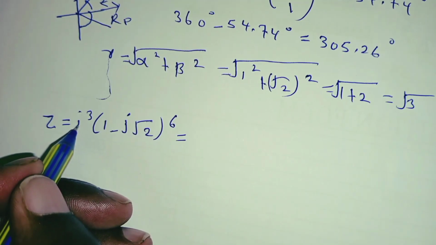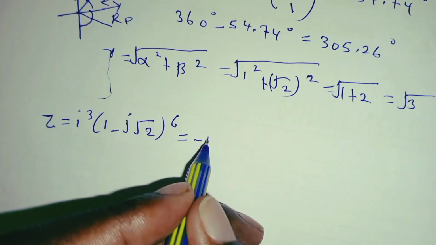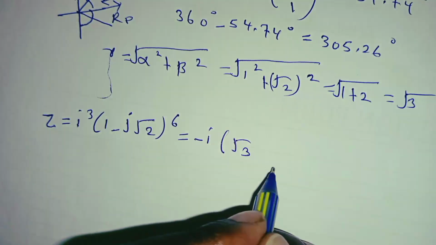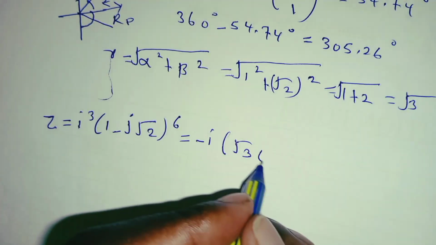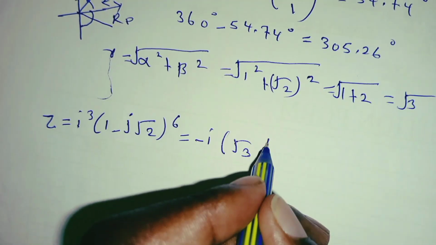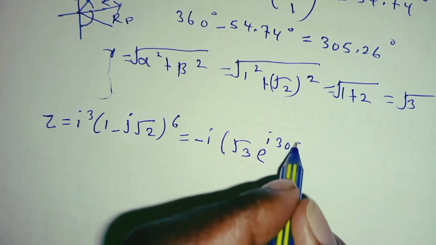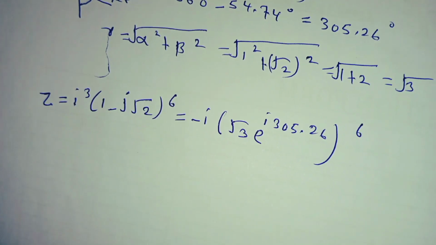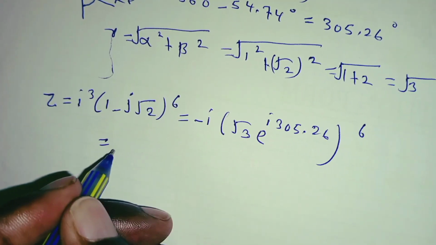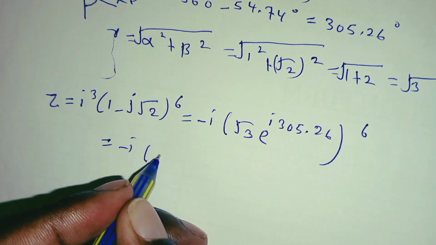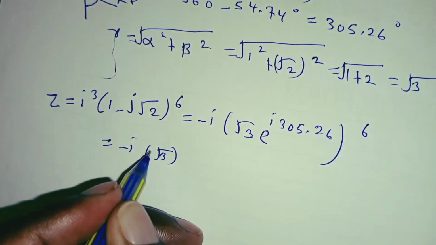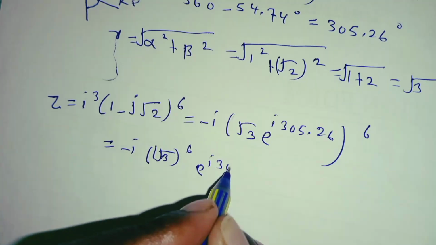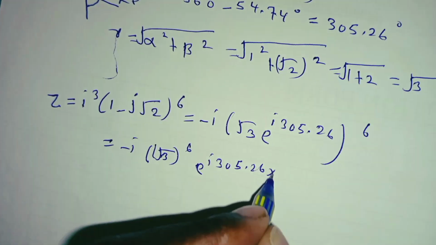So our i cubed is reduced to negative i into bracket root 3 multiplied by exponential i 305.26, everything power 6, which can be written as negative i into bracket root 3 power 6 exponential i 305.26 times 6.